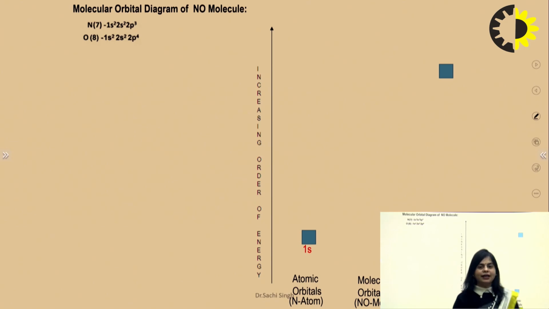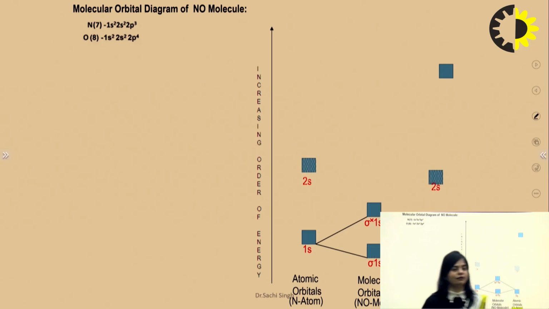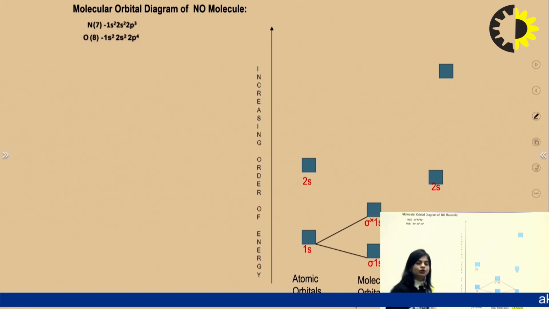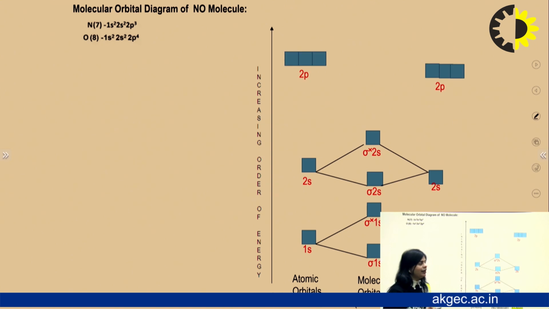So 1s combine to form sigma 1s and sigma star 1s. For 2s, this is for nitrogen and this is for oxygen; 2s combine, again forming a bonding orbital, and the upper one is anti-bonding. And for 2p, as the number of electrons is 15, it follows case second.